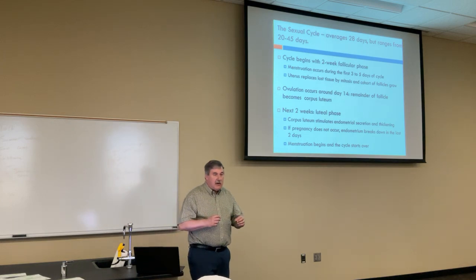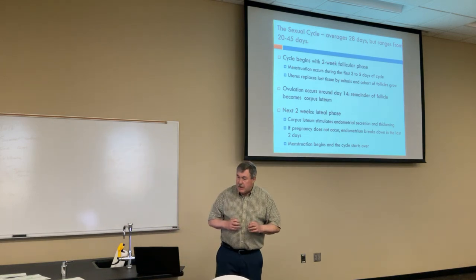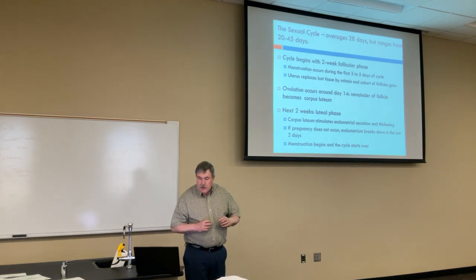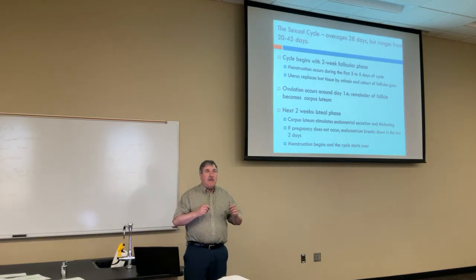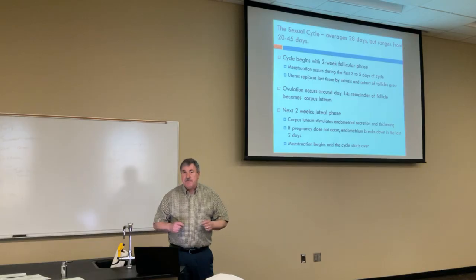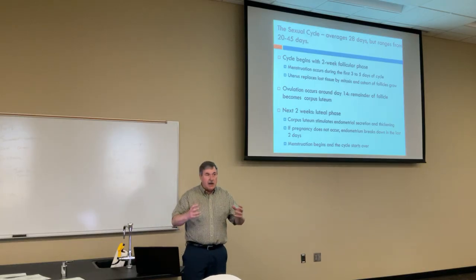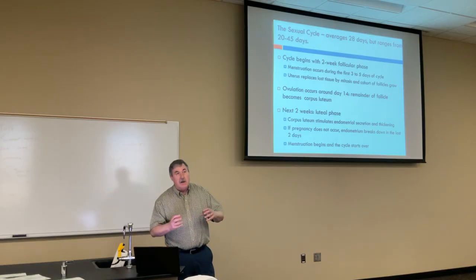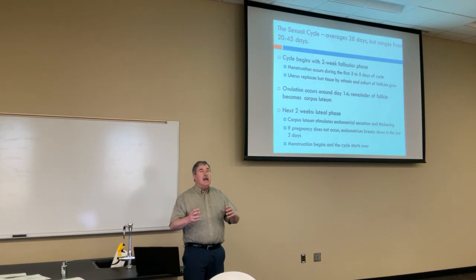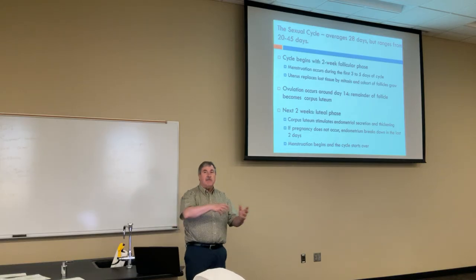the cycle in women actually begins at the end of menstruation, at the end of the period of time when that lining of the uterus is sloughed off along with a small amount of blood. It starts the first day of menstruation.